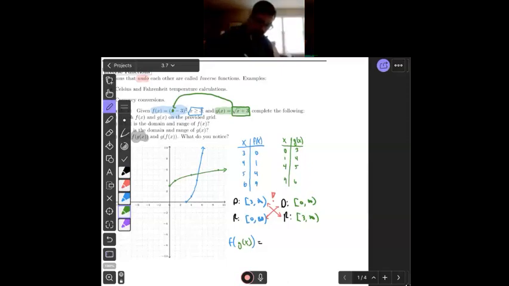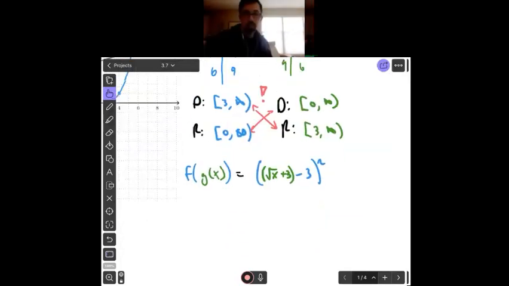Okay, so when I look at f, it's something minus 3 squared, right? It's just now that our something is going to be the square root of x plus 3. Let me zoom in there. Okay, so the x that was in f has been replaced with all of g.